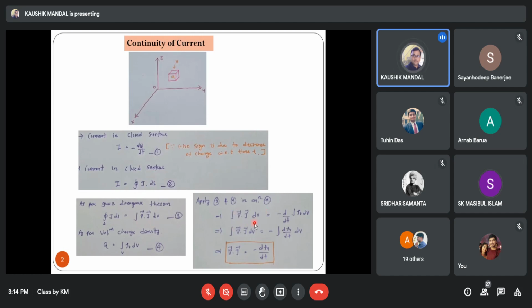So divergence of J dv equal to this one, and finally we get that divergence of J, on the left hand side of this equation, is the current density. So it represents the relation between the current density and the volume charge density. That's why it is known as the continuity of current, or simply the continuity equation.